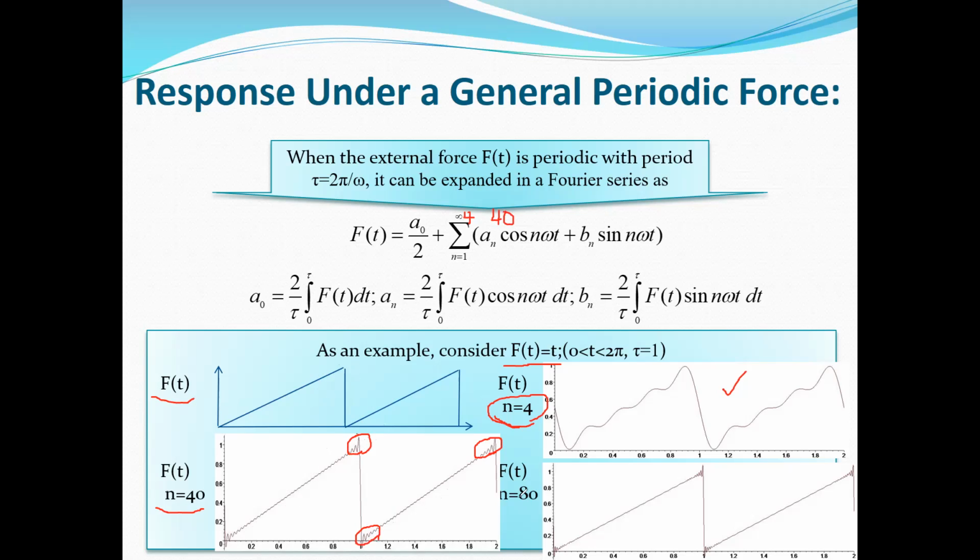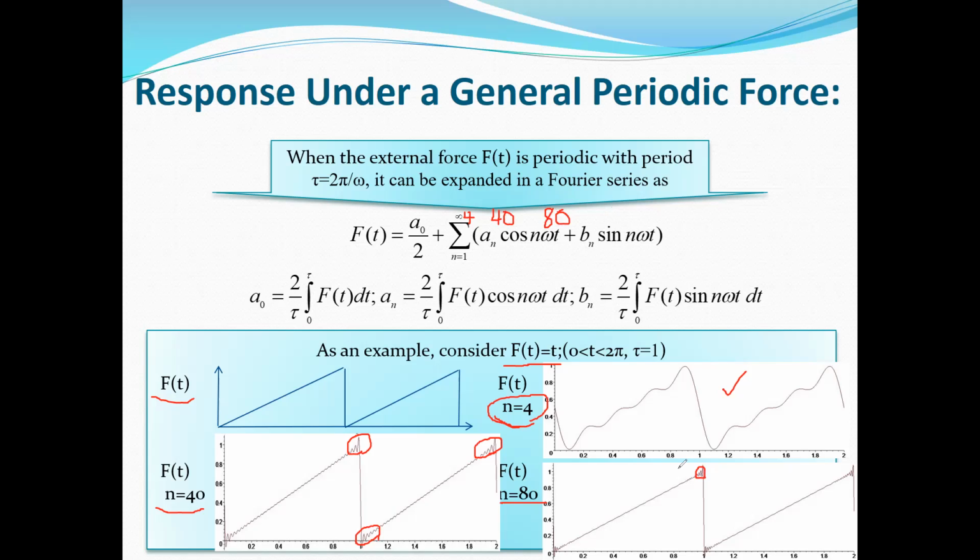And finally, when we substitute n is equal to 80, I mean here I considered 80 terms in this series. You can see again these perturbations are really small and we can neglect them.